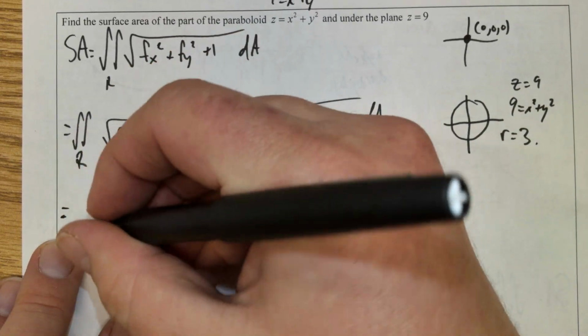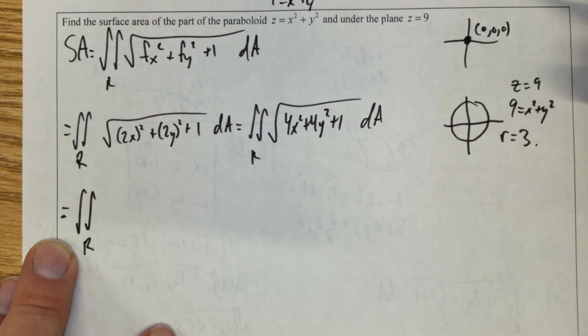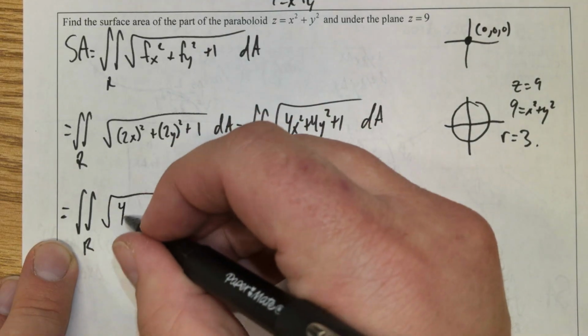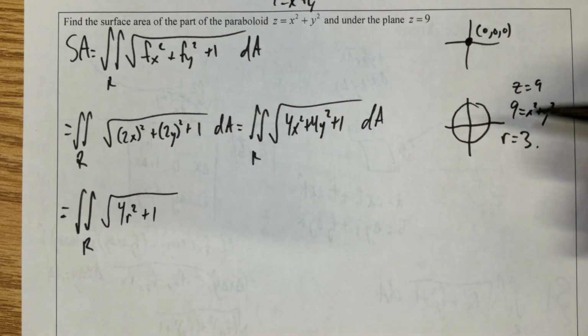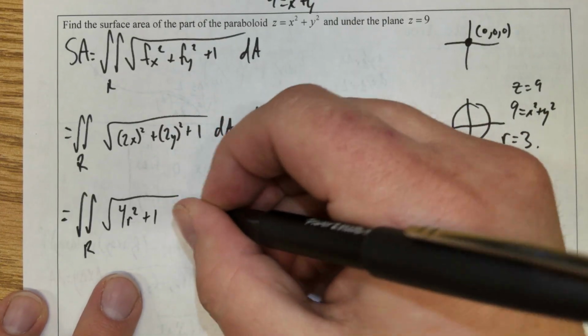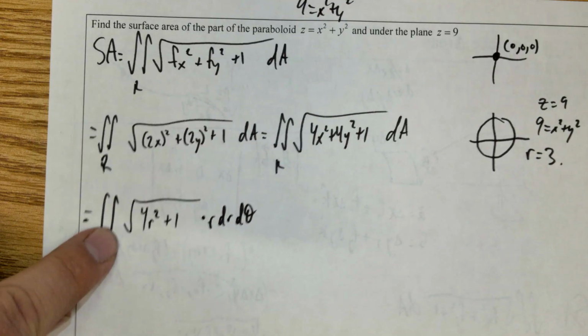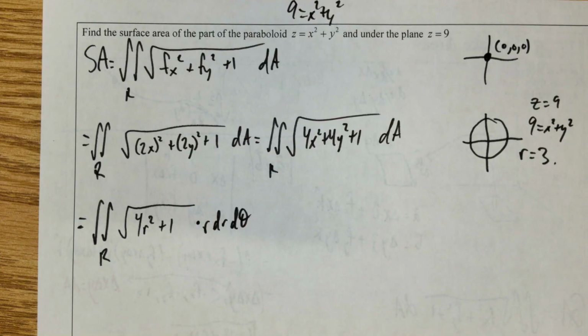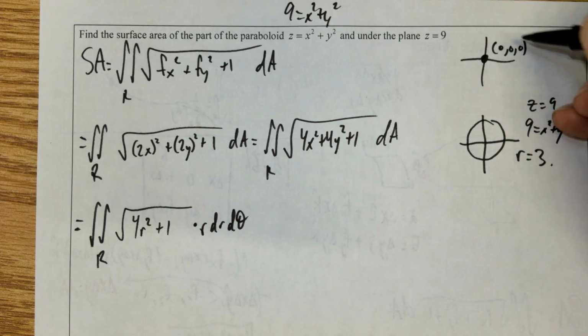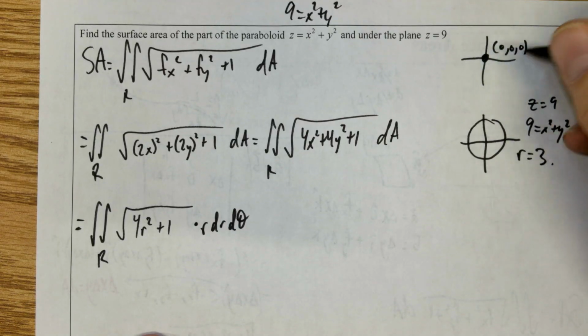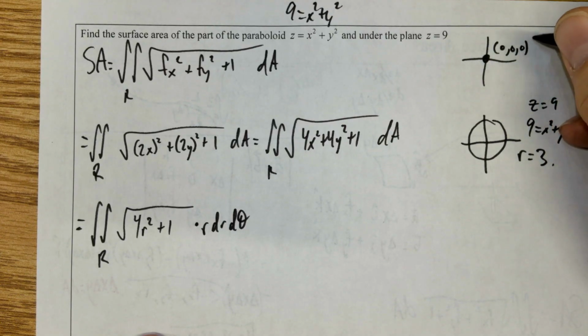Let's make the change. 4r squared plus 1. I know I need to change this to be r dr d theta. And don't run off yet, folks. We have to talk about the bounds. We have to talk about filling out those integral stubs. So up here, if I wanted to consider this in terms of r, x squared plus y squared equals r squared equals 0.